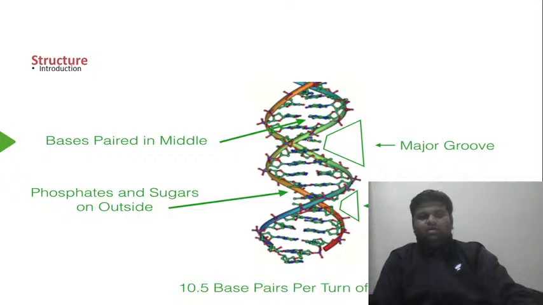Then there is a region of major groove, and then there is a region of minor groove. So this one is the region of the major groove, and this is the region of the minor groove.